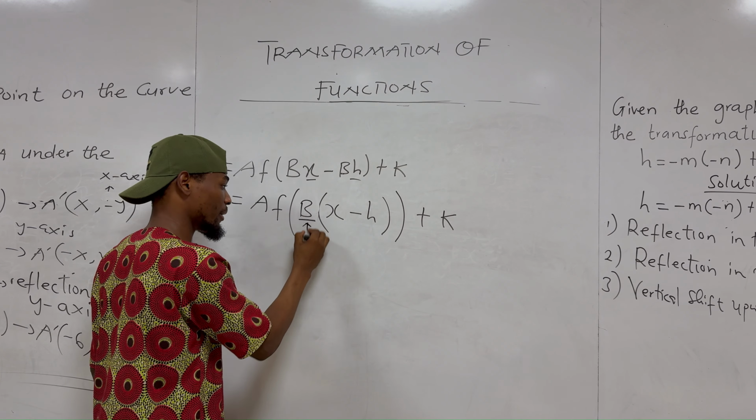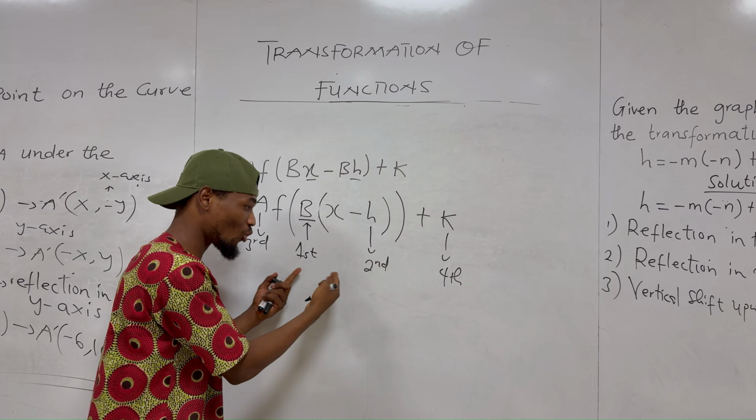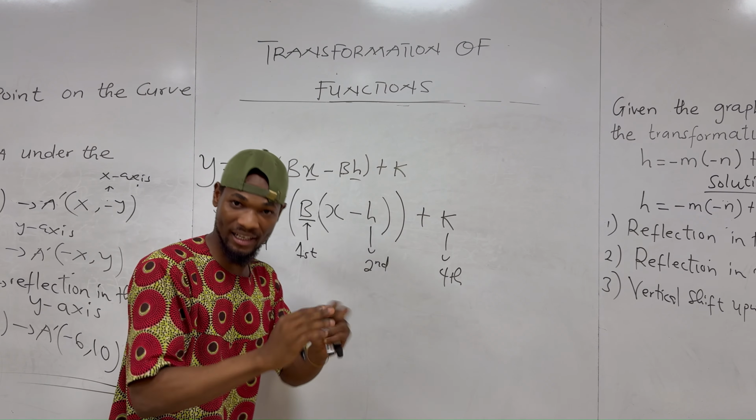Then I'll come here. This will be my second thing to tackle. And this will be the third thing to tackle. And lastly, this will be the fourth thing to tackle. Do you get it that way? So I'll give you a question where I will intentionally place a negative here or both. Do you get it that way? And that will alter the steps a little.